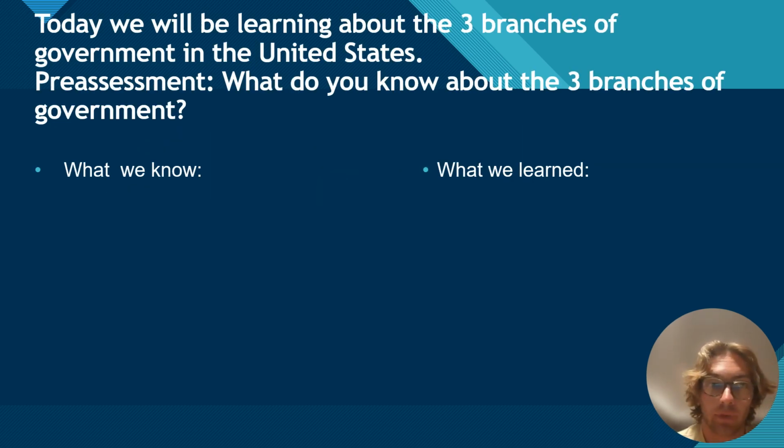And today, here's my next slide. Today we will be learning about the 3 branches of government in the United States, and the pre-assessment I had was just short and easy. It was, what do you know about the 3 branches of government? I had a what we know side and a what we learned side.